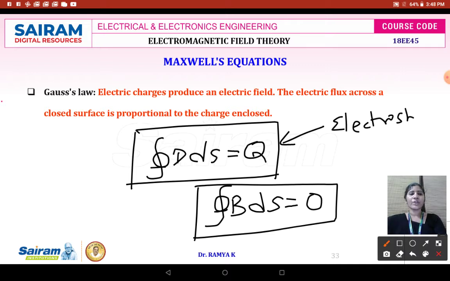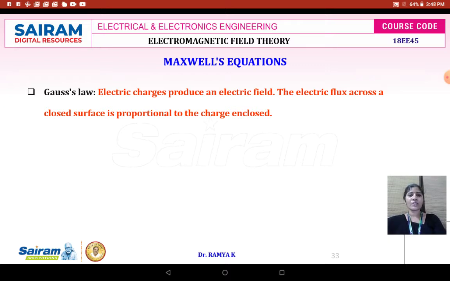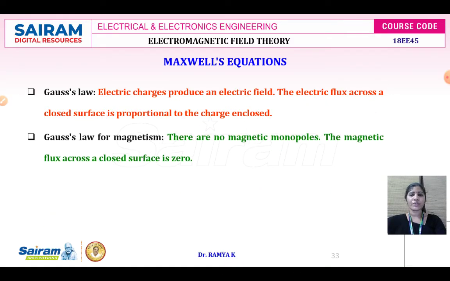We are going to use these two equations as reference for writing the Maxwell's equation in steady state field and time varying field. Gauss's law states that electric charges produce an electric field. Electric flux across a closed surface is proportional to the charge enclosed.